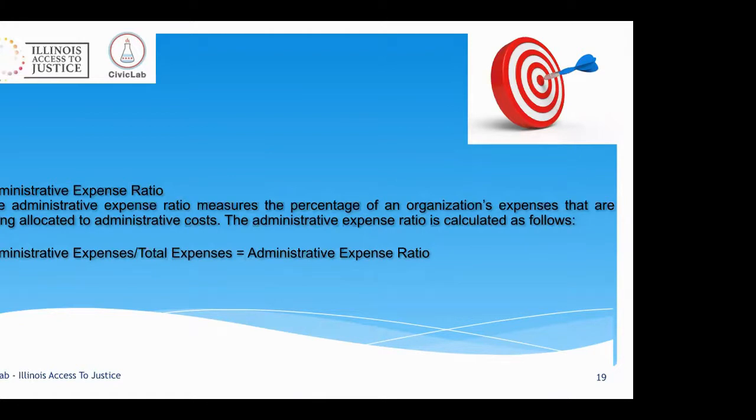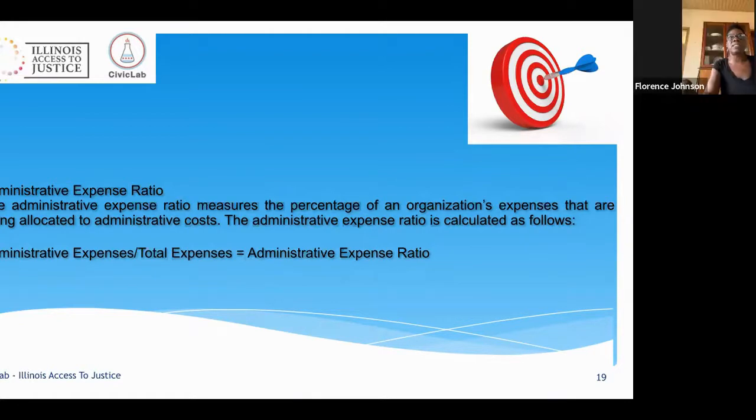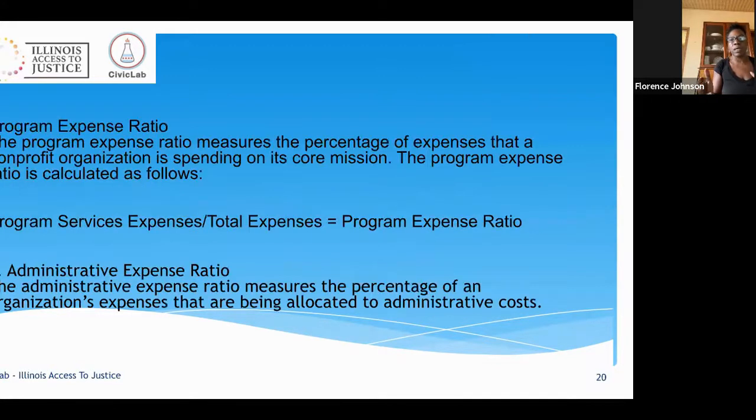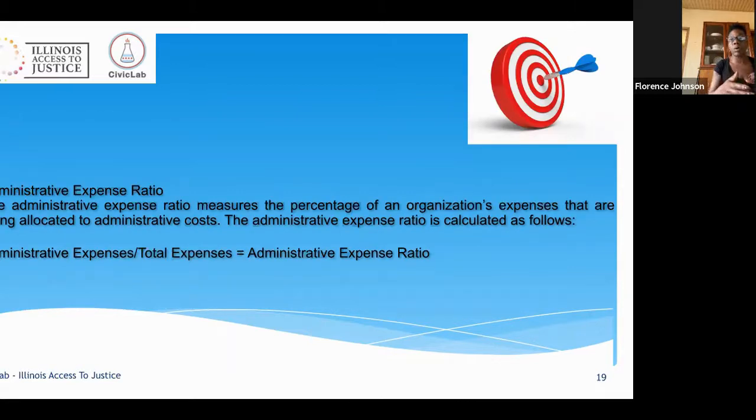A good example of this is that in some instances, you're going to have a funder that's not even going to want to pay for administrative expenses. It could be zero.